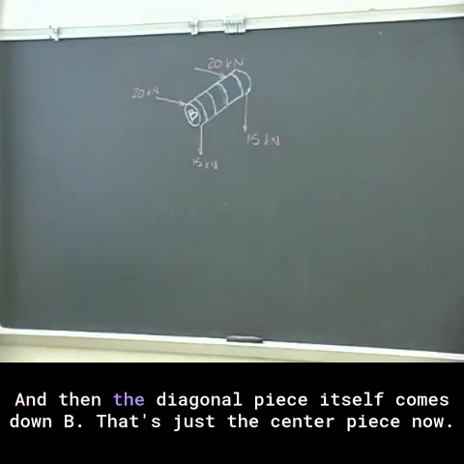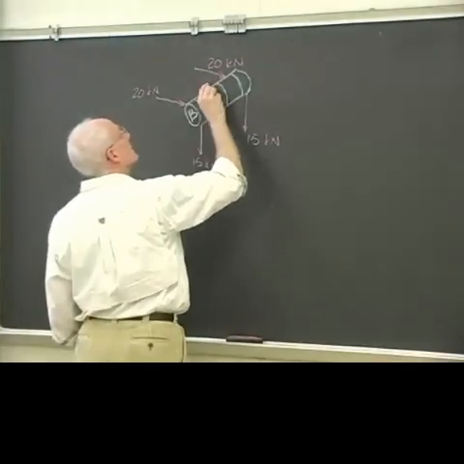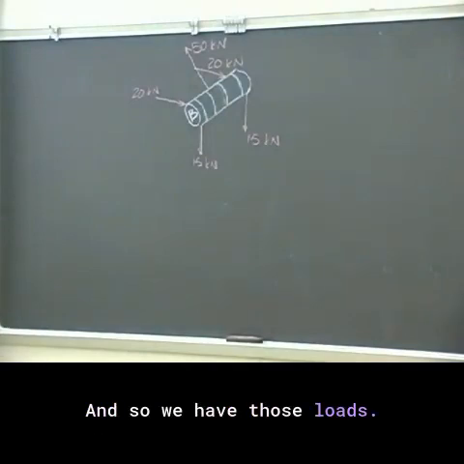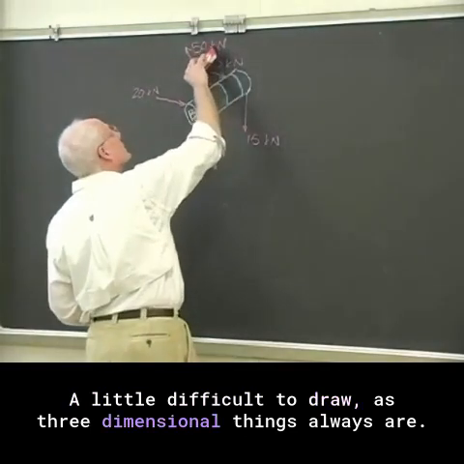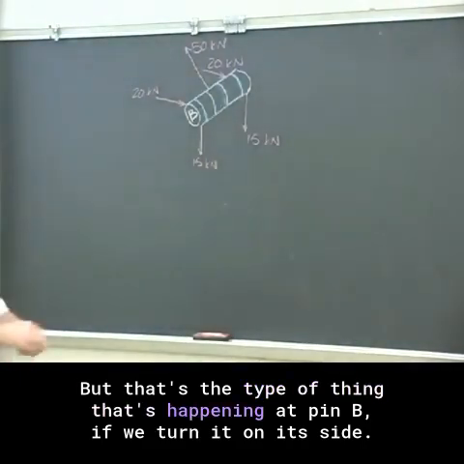And then the diagonal piece itself comes down, that's just the center piece now, and it's in tension, so it's pulling on the pin there. And so we have those loads, a little difficult to draw, as 3-dimensional things always are, but that's the type of thing that's happening at pin B.